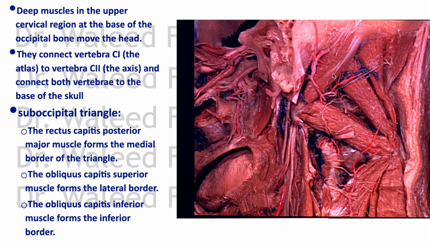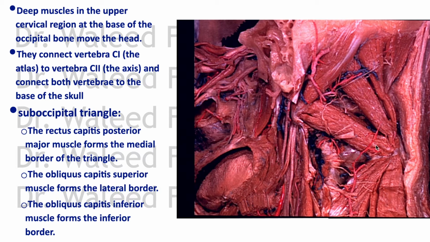The boundaries of the triangle: lateral boundary, which is the superior oblique or the obliquus capitis superioris muscle. It takes from the transverse process of the atlas to the area between the superior and inferior nuchal lines on the back of the skull.